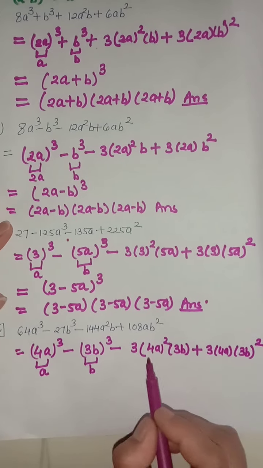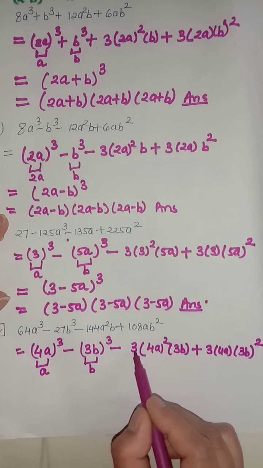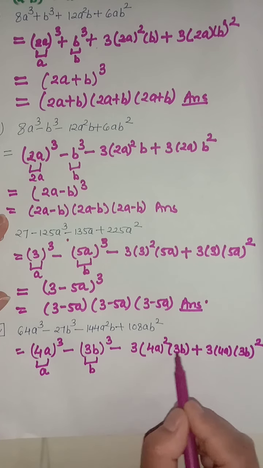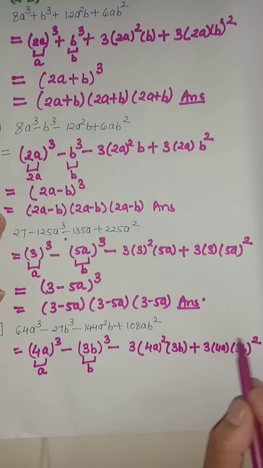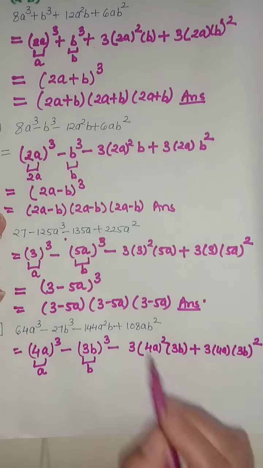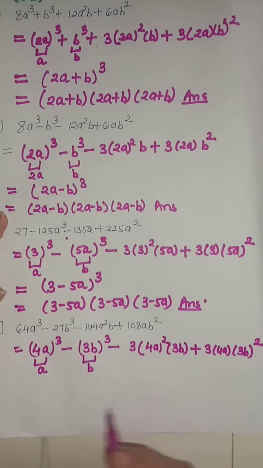Here you can check also: 4 4s are 16, 16 into 9 you will get 144, and 3 3s are 9, 9 3s are 27, 27 4s are 108.